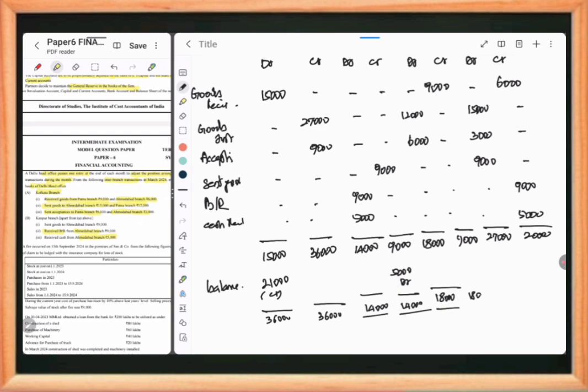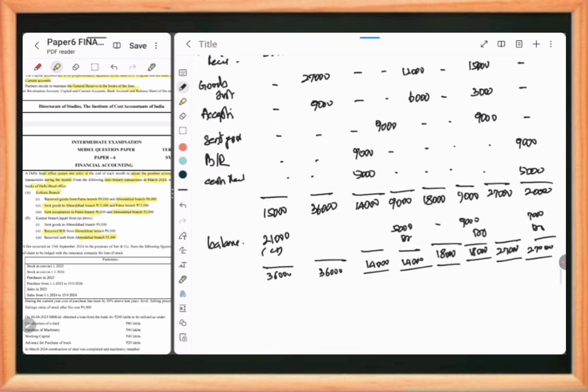So 18,000 minus 9,000, that is 9,000 balance. And then here also 27,000 is in excess of 20,000, so debit balance exceeds credit balance. So 27,000 minus 20,000, so 7,000. This is debit balance, this also debit balance, this also debit balance. Only Kolkata is credit balance.